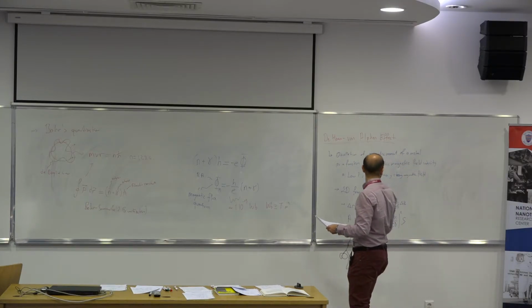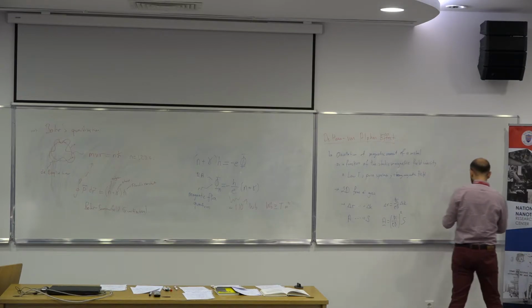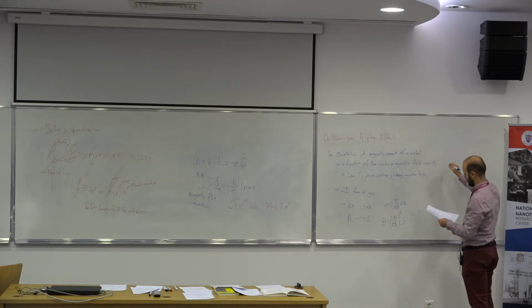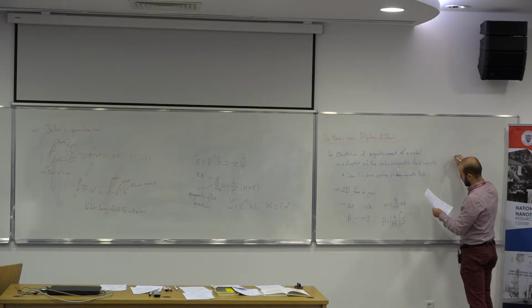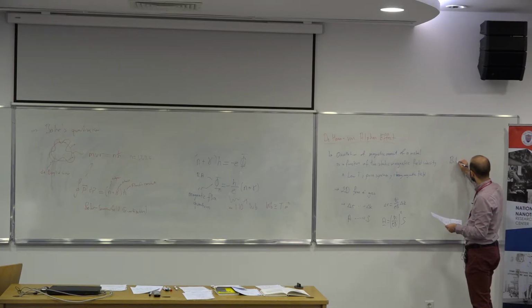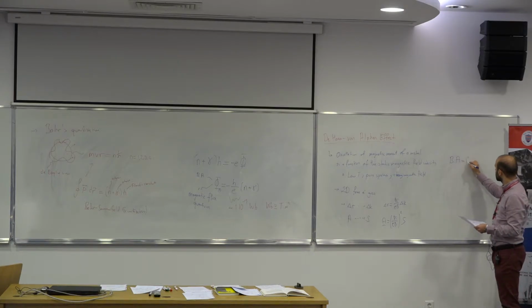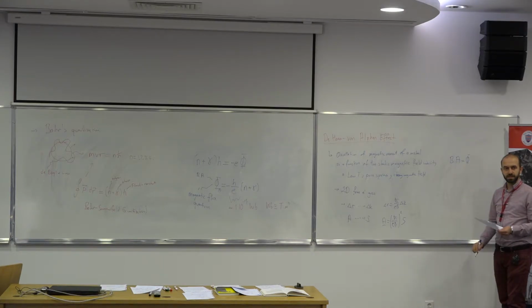Now, why am I doing this? So I can write something like this. B, my magnetic field, times the area that I define is the flux.